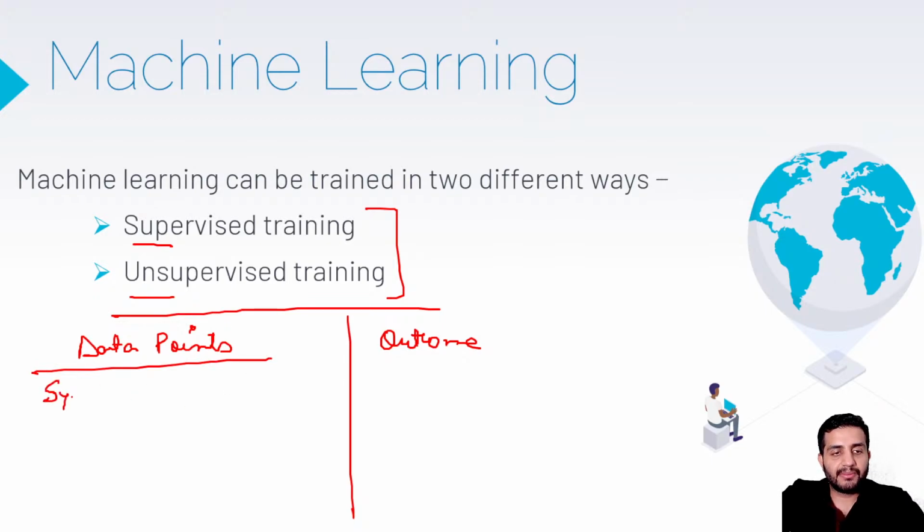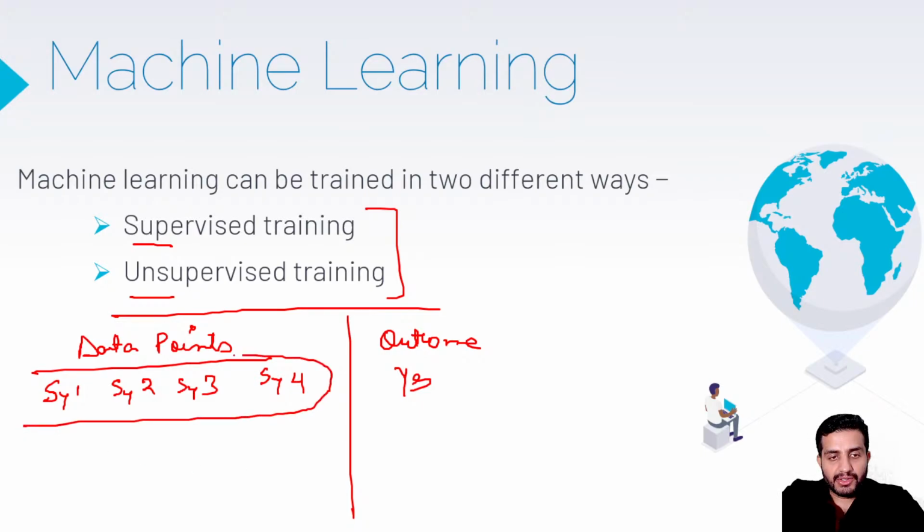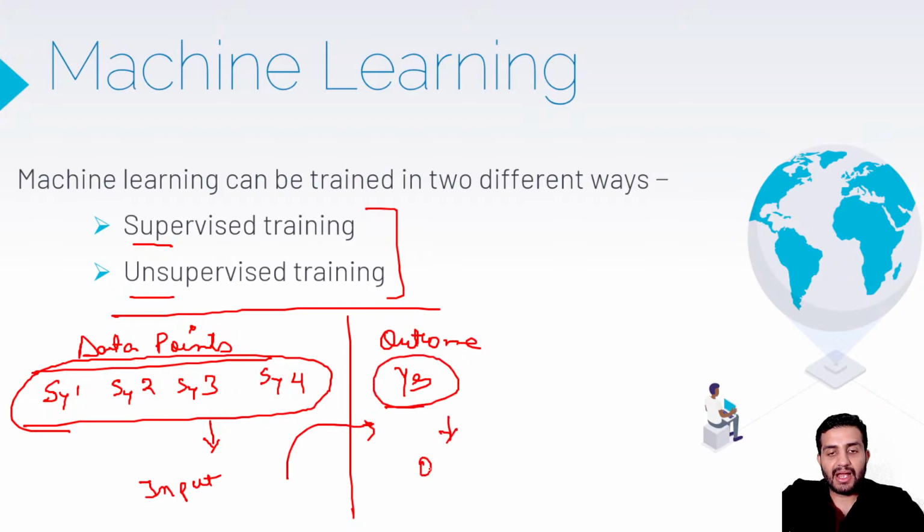I have symptom 1, symptom 2, symptom 3, symptom 4, and this ultimately says that yes, the person is having cancer. So a set of these input features is correlating to my output feature. I have an output which is directly dependent on input.